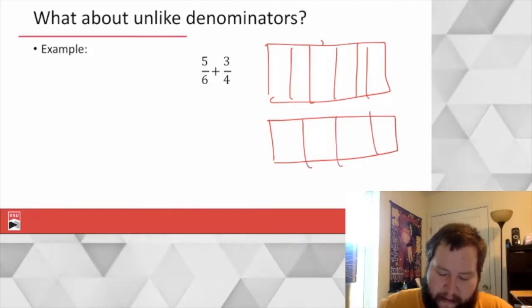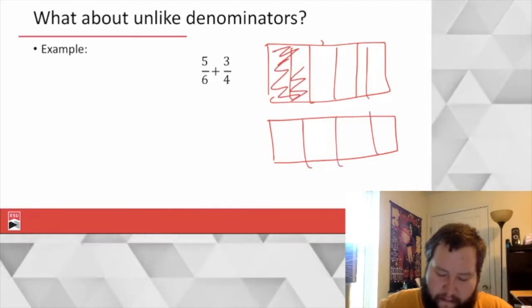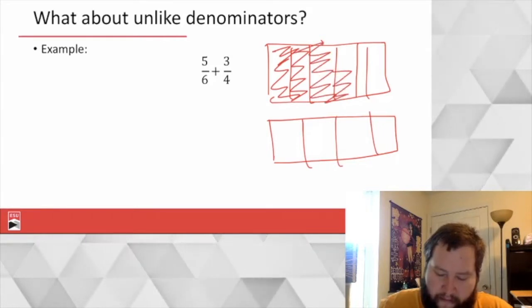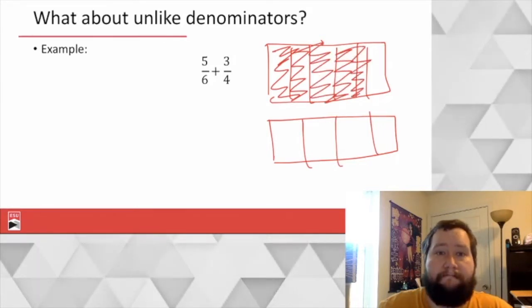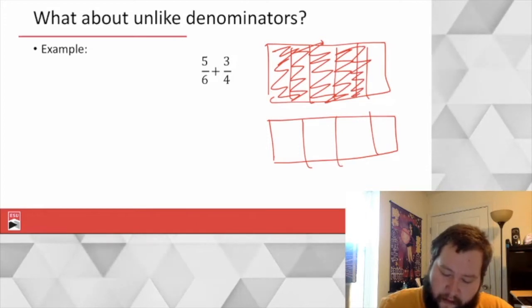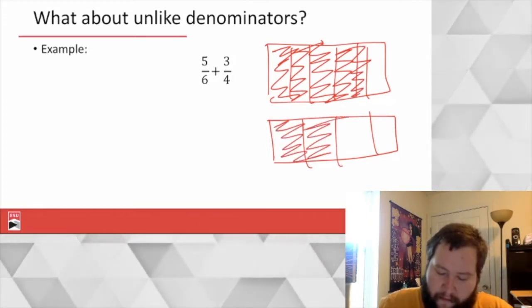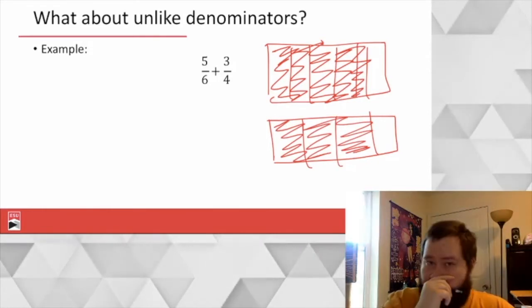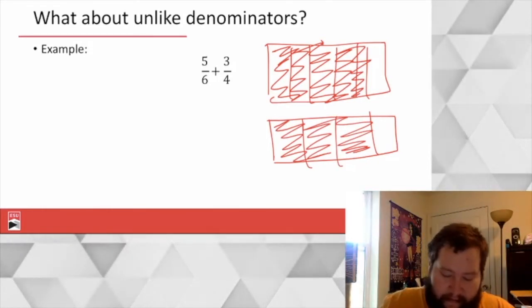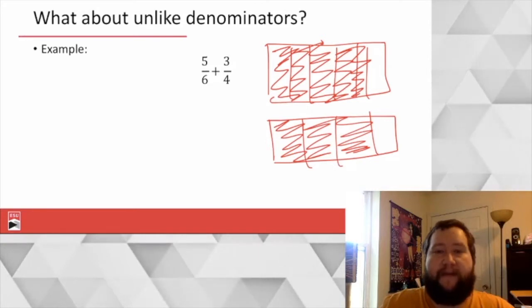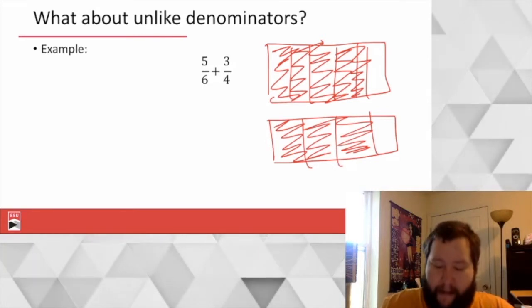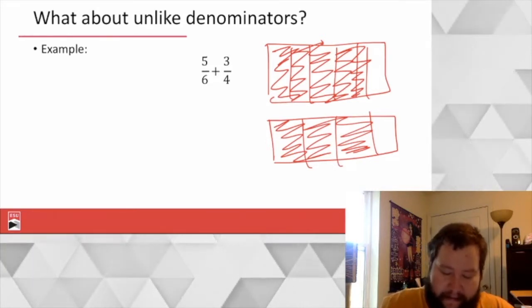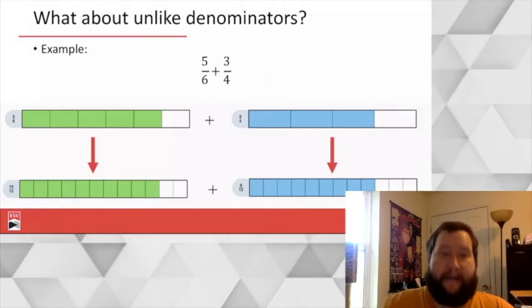And in this one, we have 1, 2, 3, 4, 5 of those sixths. And over here, we have 1, 2, 3 of those quarters. And we want to combine them. Well, I mean, we could just stick them together, but we have no way of knowing how they correspond. And so this is our process of common denominators.